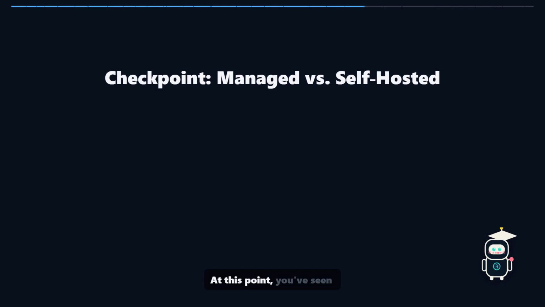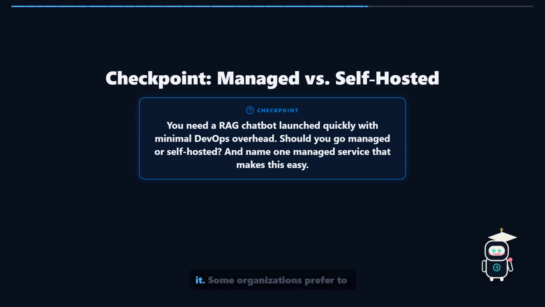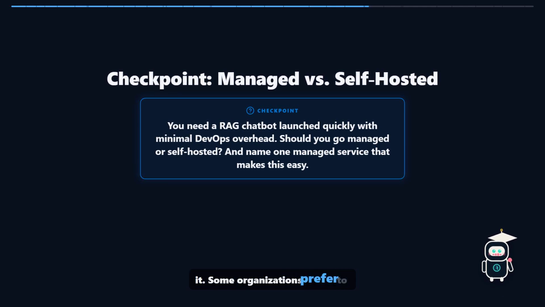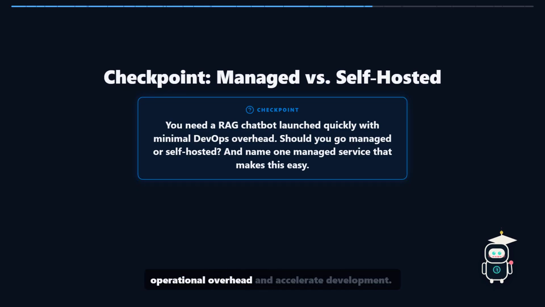Checkpoint: RAG tools. At this point, you've seen the major building blocks of a RAG system. The next question isn't how it works, it's how you want to deploy it. Some organizations prefer to assemble every component themselves for maximum flexibility and control. Others choose managed platforms that reduce operational overhead and accelerate development.